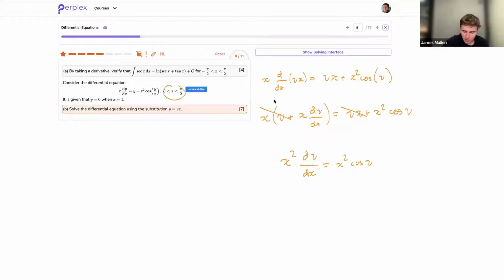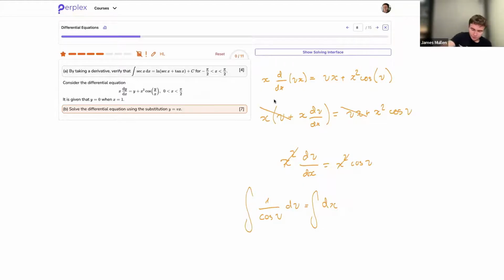Now, in the question, I'm told that 0 is less than x. X is positive, so I can cancel these x squareds. They're not going to be 0. And then I can separate my variables, and I'm going to end up with 1 over cosine of v dv is equal to dx. And if I put an integral in front of both of these, that's what I have to do. And now all I do is I recognize that the 1 over cosine of v is the secant of v.